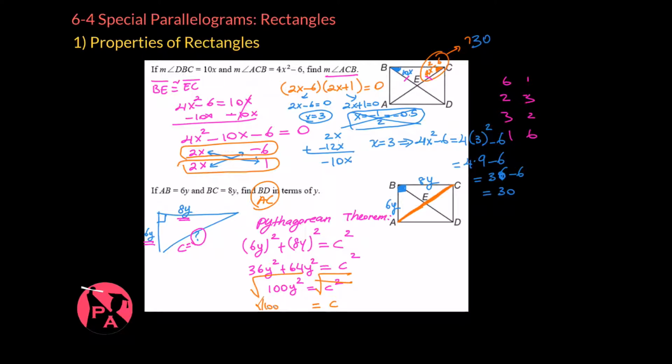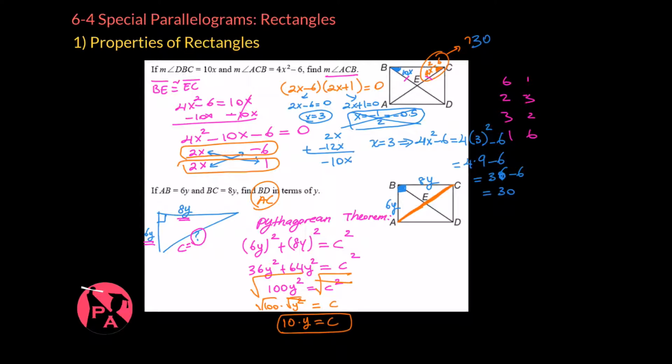Square root of 100 times square root of y squared. So as you know, square root of 100 is 10 times square root of y squared. Just like these two, these are going to cancel out. So we can just get rid of that square and square root and then bring down the y over here. 10y would be equal to c.